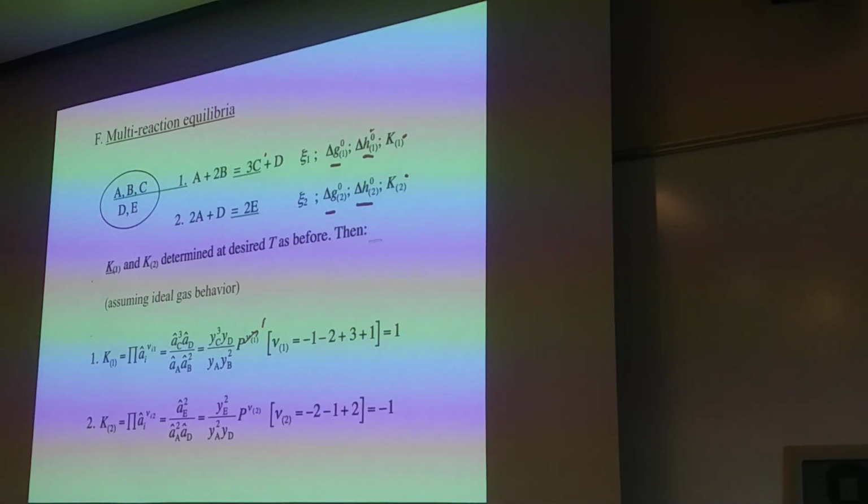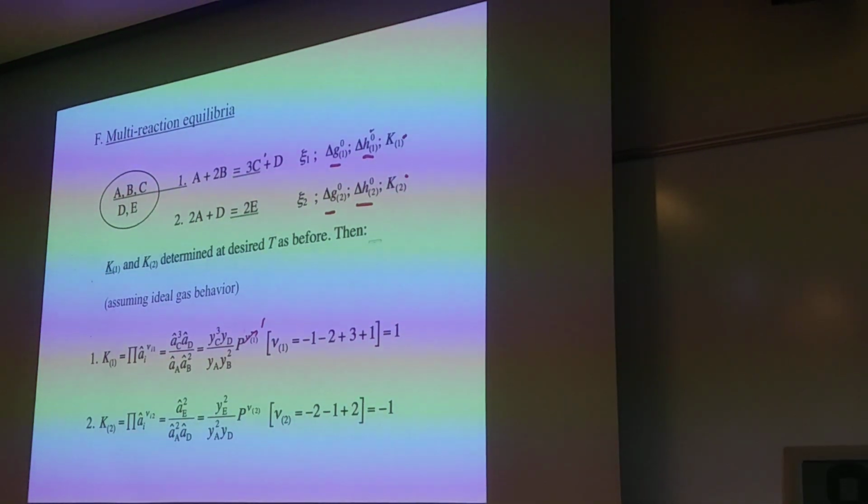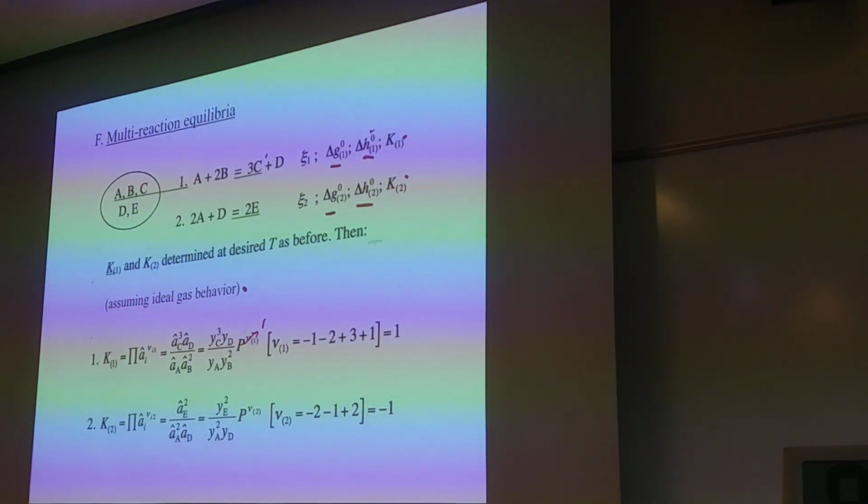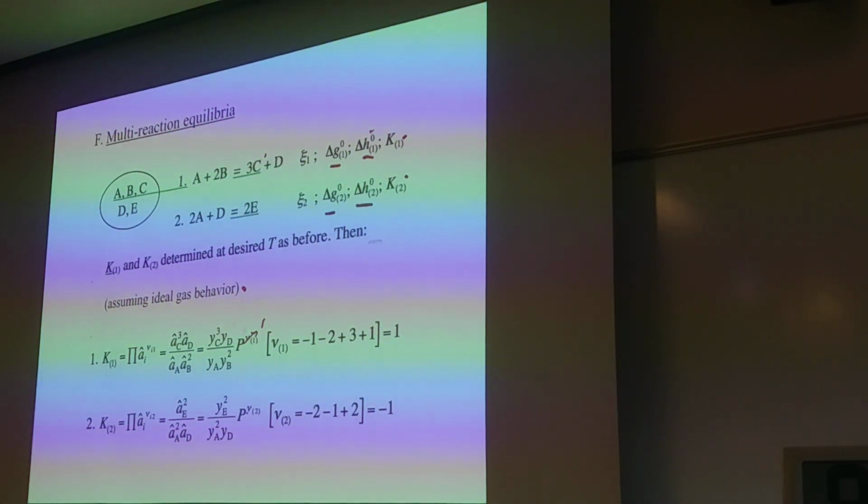And for the second reaction, similarly, I can decompose it here in terms of the continued product of the activities raised to their respective stoichiometric coefficient powers. Because I've got an ideal gas system, I can break that down into the same expression here in terms of Y's. And then I need P with an exponent equal to the stoichiometric number for reaction 2, which is going to be minus 2 minus 1 plus 2, so in this case that's going to be minus 1.